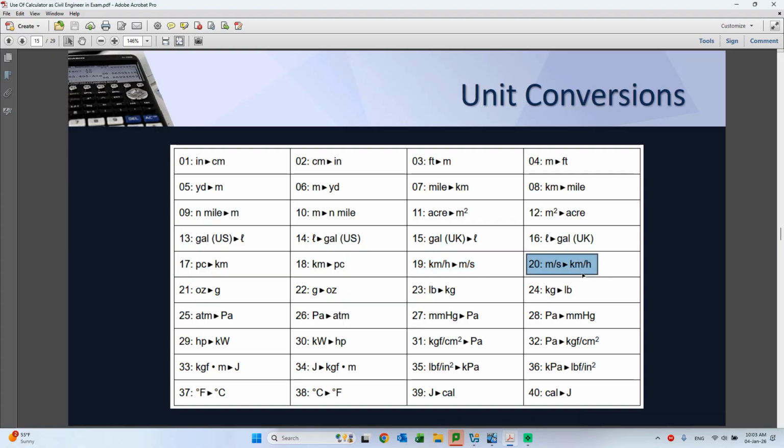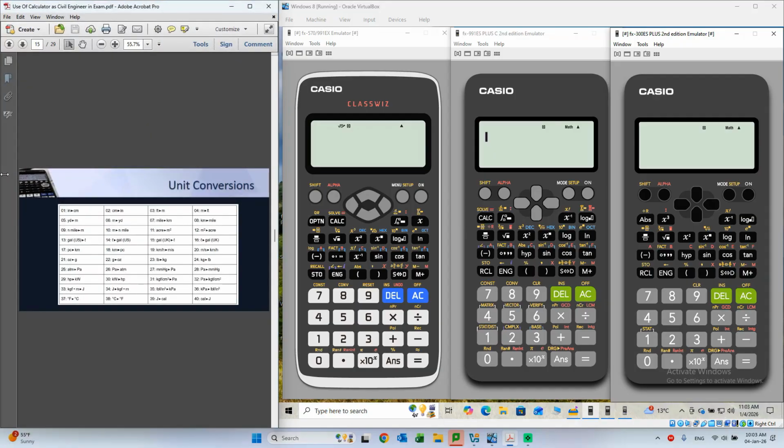Sometimes you go between atmosphere and Pascal, or kilopascal and pound per square inch. So you might be able to use those sometimes during the exam, and if you forgot how to convert them, this is available in your calculator.